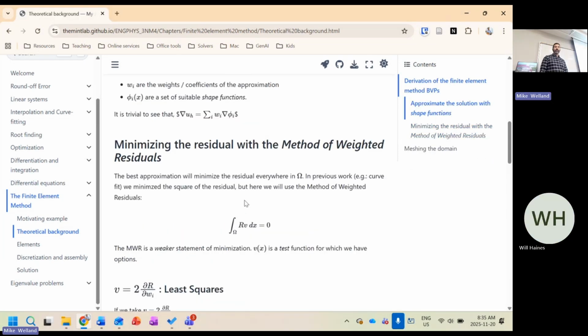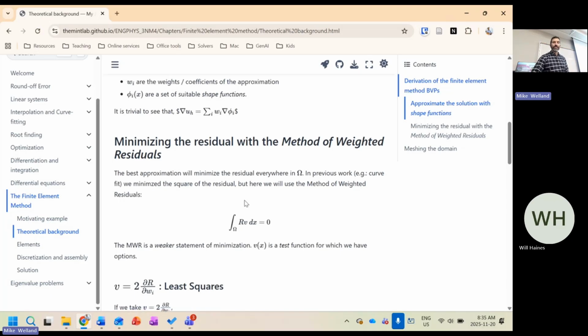So, finite element method, right? What we did last time was define and explore this idea of the method of weighted residuals. The whole idea is that you want to solve your equation, but instead of solving your actual equation, you're going to write out your residual. You put everything on one side, you define that as your residual, you say that's equal to 0.